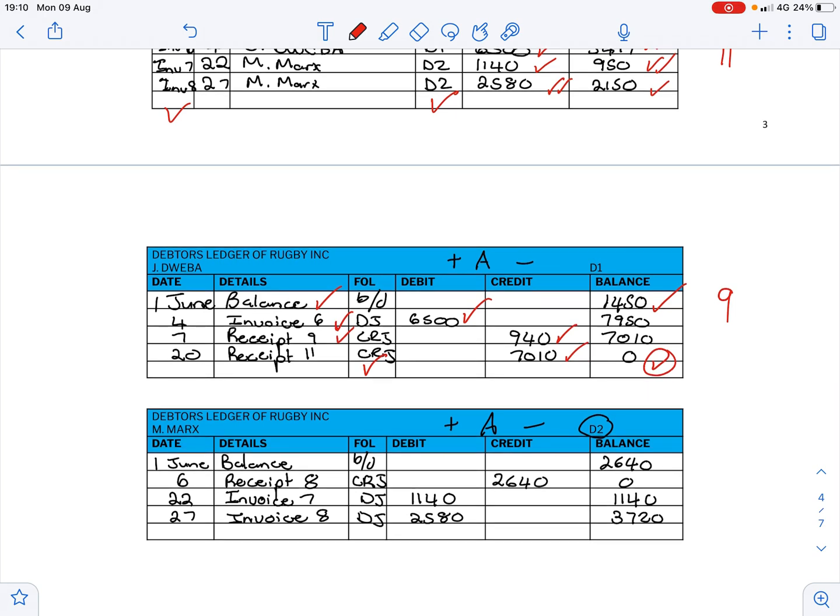We then have our marks as follows in Malcolm Marks's debtors ledger: 1 mark for the correct balance.